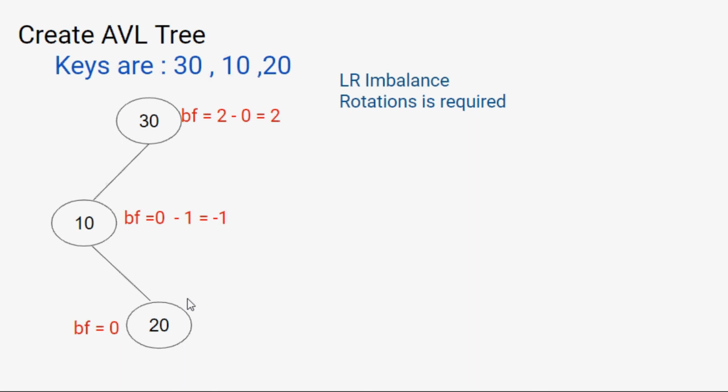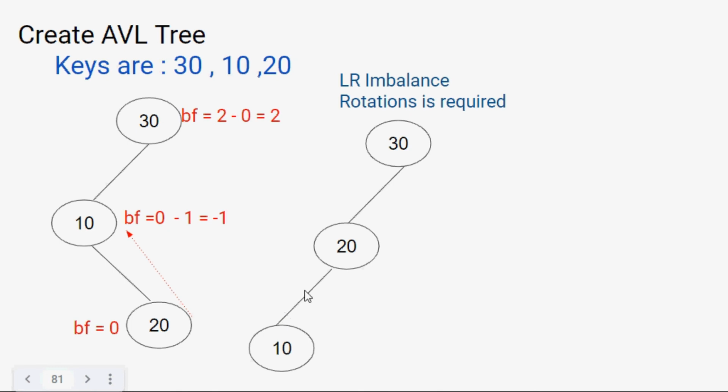What are those two steps? First of all, we need to send this 20 upwards. When I send this 20 upwards, I need to pull 10 downwards. Why? Because 10 is less than 20, so 10 is going to be the left child of 20. So when we push this 20 upwards, we need to pull that 10 downwards, because we need to maintain the properties of a binary search tree as well.